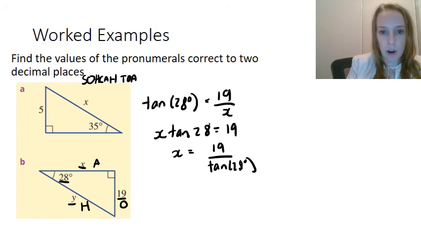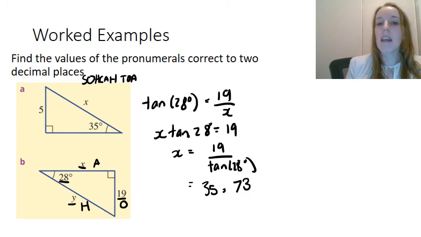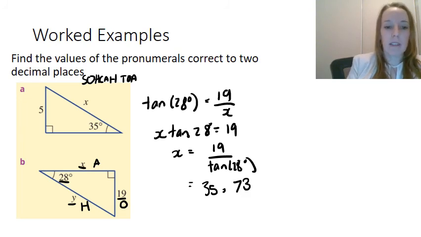That is atrocious writing. Let me clear that up. So that's 28. There we go. Okay, so we can type that into our calculator. So 19 divided by tan 28 equals 35.733. So we'll round that to 35.73. So that will be this side here.